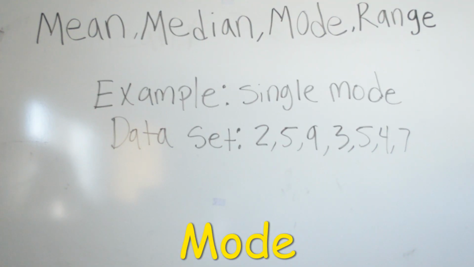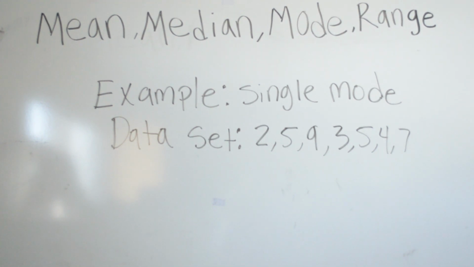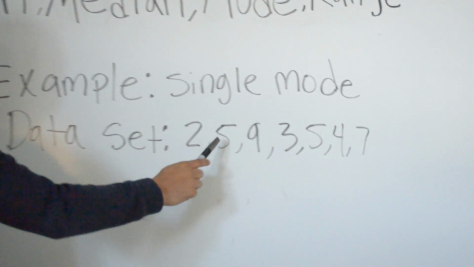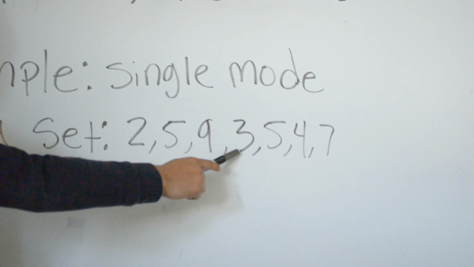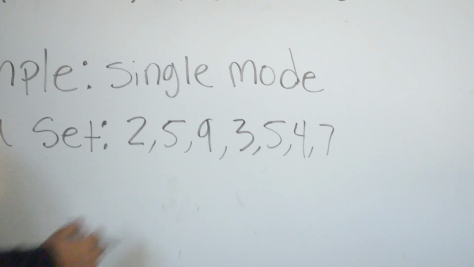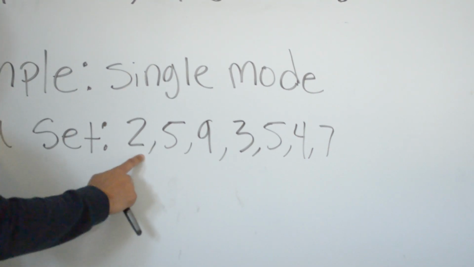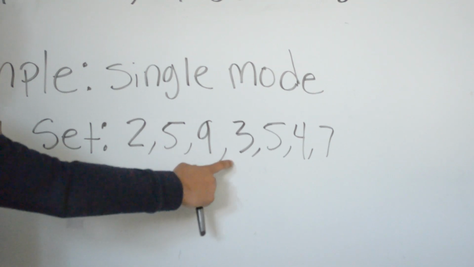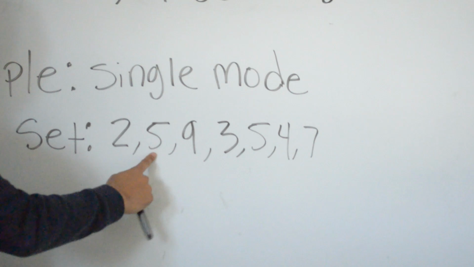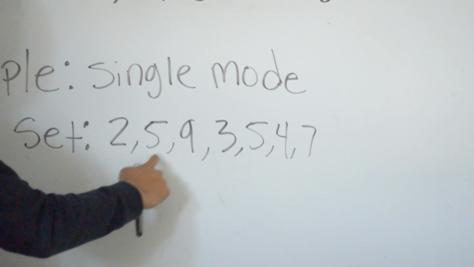Now we're going to be talking about the mode. The mode for a data set is the element that occurs the most often. For example, in the data set we have 2, 5, 9, 3, 5, 4, and 7. I'm going to look at 2, and I'm going to see if I can find any other 2 in the data set. There's no other 2. Go to the next number. We go to 5. I see 5 here.